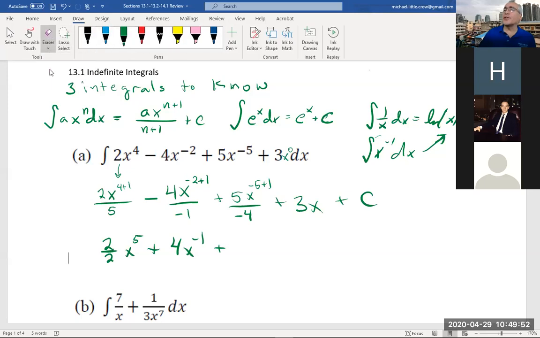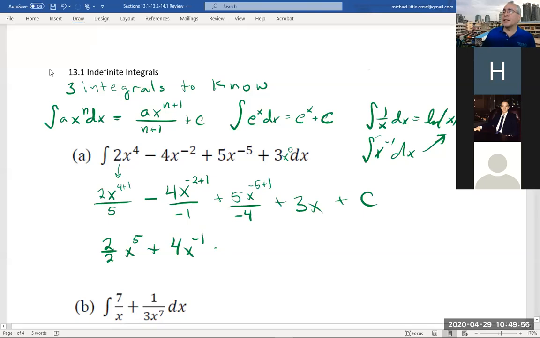If it's multiple choice, you'd have to be able to recognize the correct answer. For the ones that are essay, you would want to finalize everything. You wouldn't want to just leave it as x to the 4 plus 1. You'd want to write it as x to the 5.